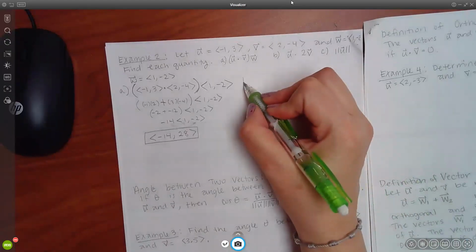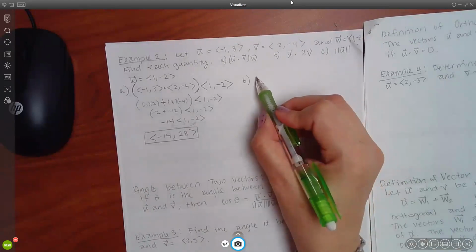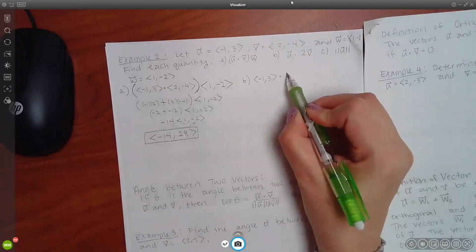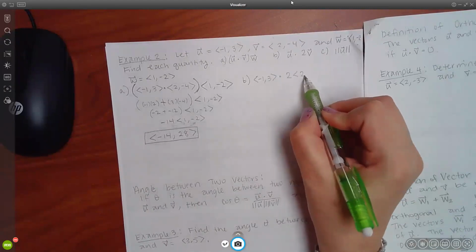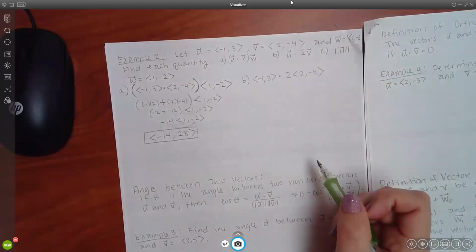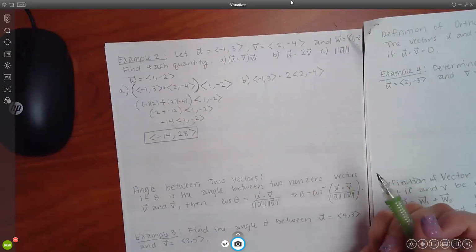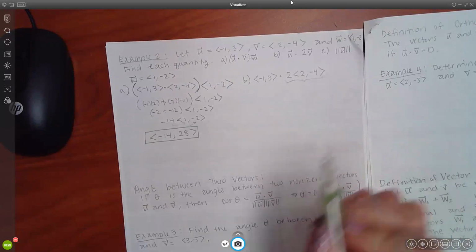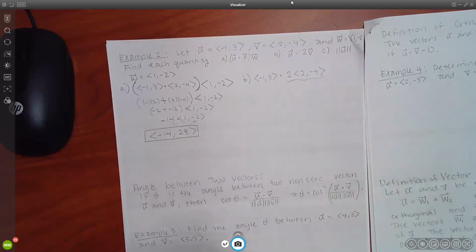Now for B, we have U dot with 2V. So we do need to do our scalar multiplication before you can do the vector multiplication. So I do actually have to figure this out first before I can do that dot product.